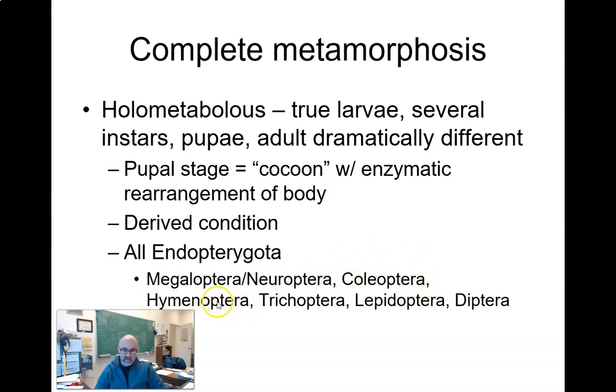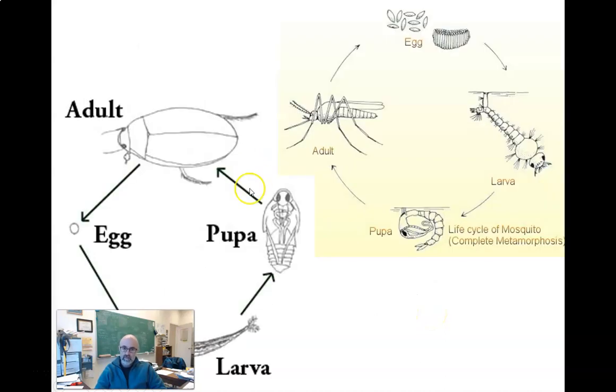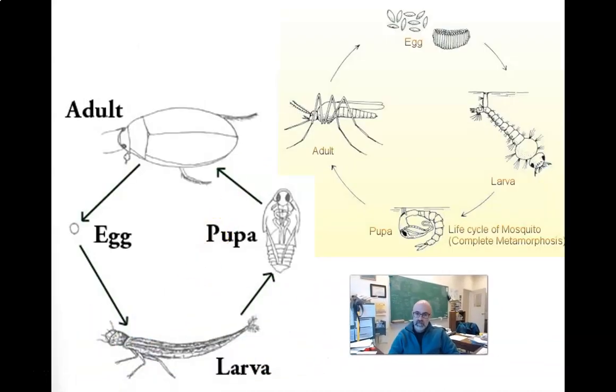Ants and bees and wasps, stone flies, the flies, mosquitoes, things like that, and then of course all the butterflies and moths have holometabolous metamorphosis. So egg, larval stage, and in between the larvae, the juvenile, and the adult, is this pupal stage.